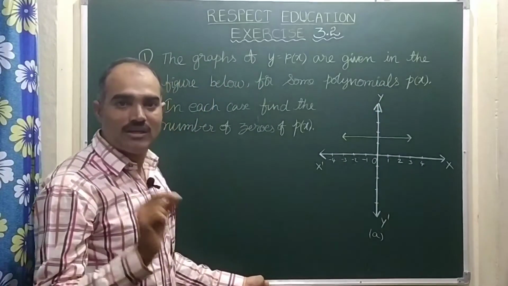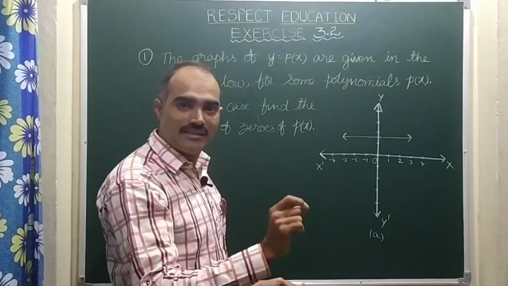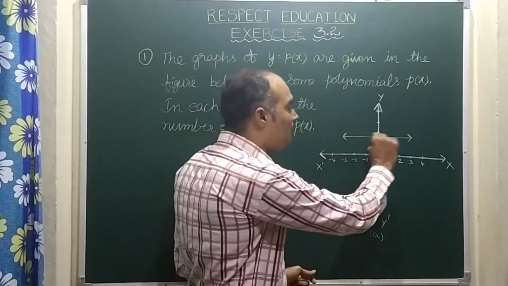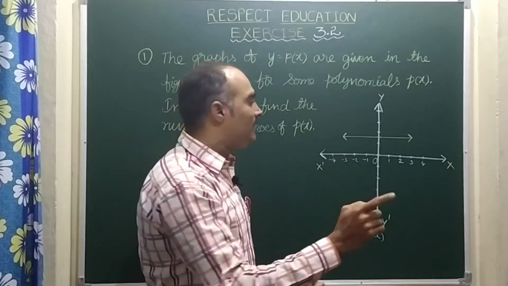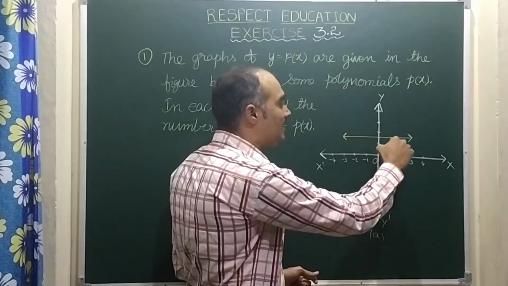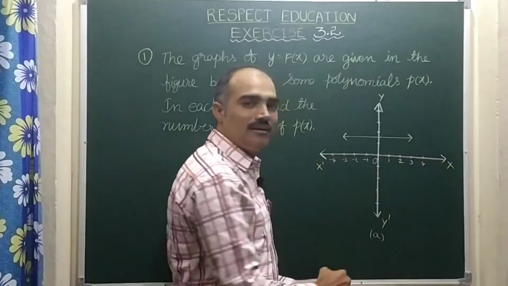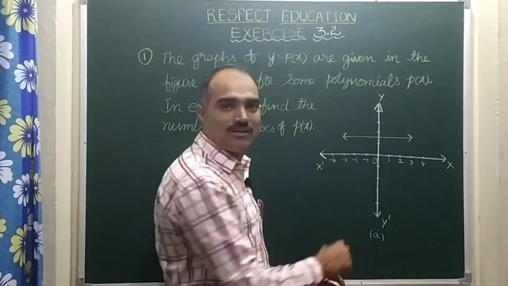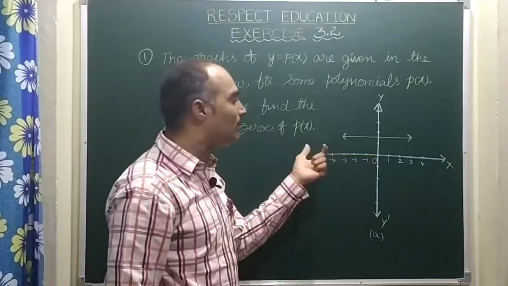That means you need to understand the number of zeros is nothing but the number of times the graph intersects the x-axis. Here, children, the given graph is parallel to the x-axis. It does not intersect the x-axis at all. It intersects the y-axis, but that will not come under the count of number of zeros.